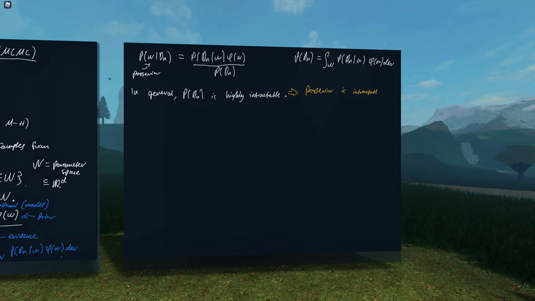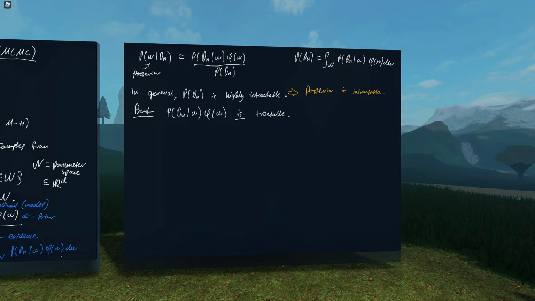I should say, despite this, the numerator there, the model times the prior, is tractable.